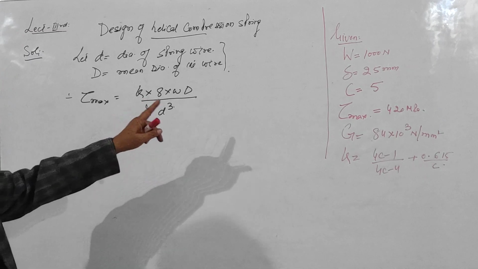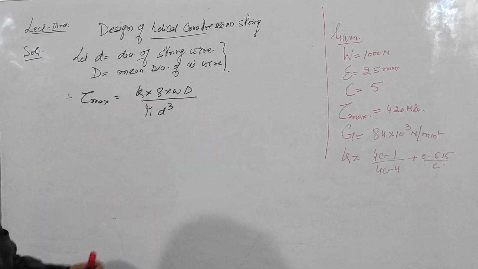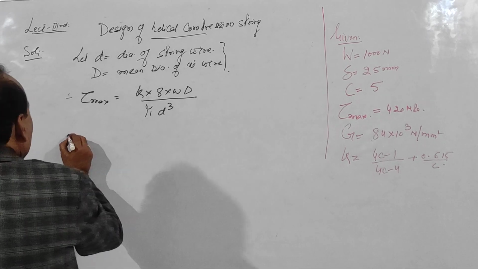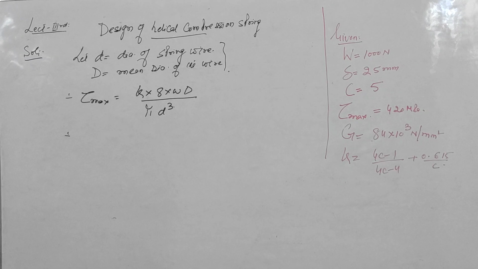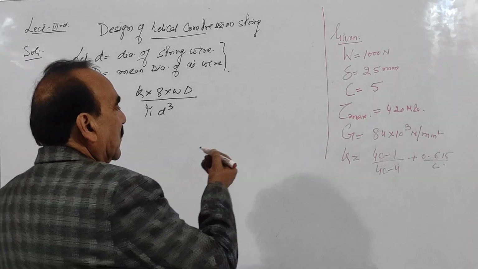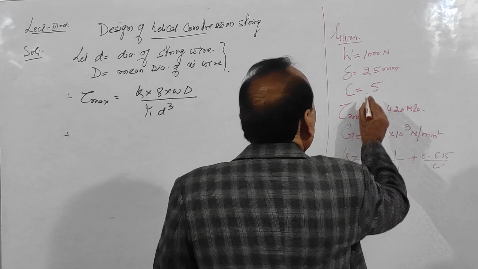So first of all we will calculate the value of K, Wahl's stress factor. तो पहले हम Wahl's stress factor कैलकुलेट करेंगे, इसमें वैल्यू सब्स्टिट्यूट करो. तो K की वैल्यू निकालिए आप, तो K कितना आएगा इसमें, put the value, C आपको दिया है 5.